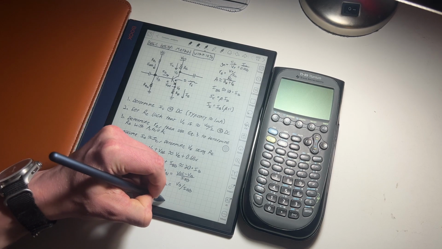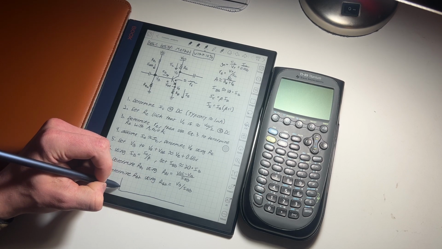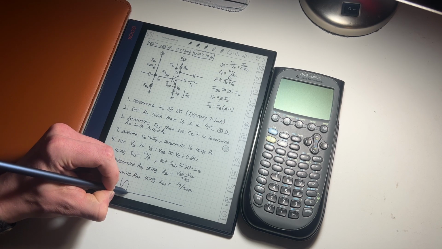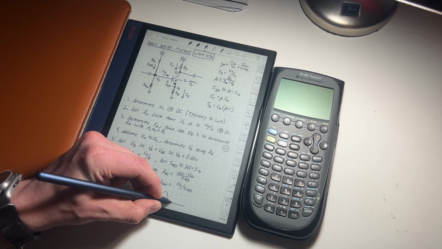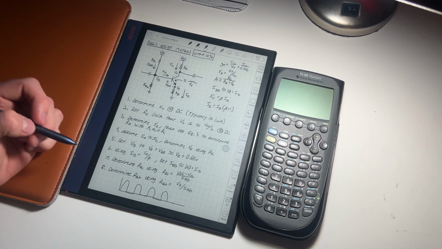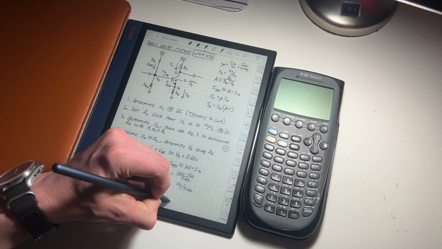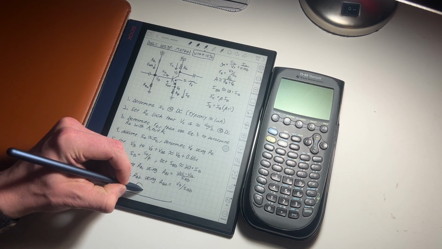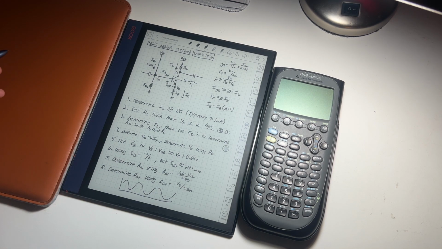Because if I was to bias it somewhere lower, what would happen is when I input my signal, I'd start getting really awful clipping. And the output signal will not look at all like the input signal. So by raising that bias up, it actually lets me get the full swing of the output voltage that I want.